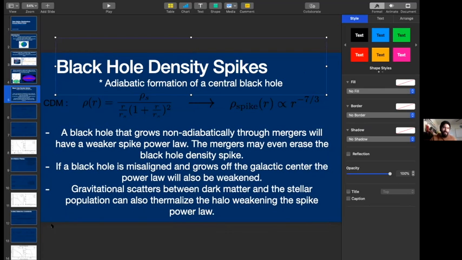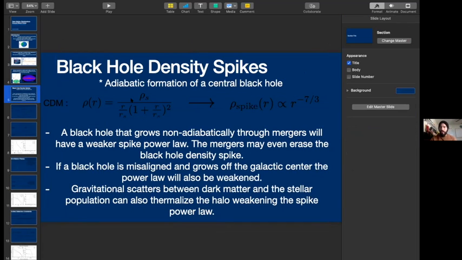But okay, so for CDM, starting with an initial NFW profile, in the presence of a central black hole, it can be derived that you get a spike profile that goes as r to the -7/3. There are some caveats to this. It assumes that the black hole forms adiabatically and in the center of the halo.